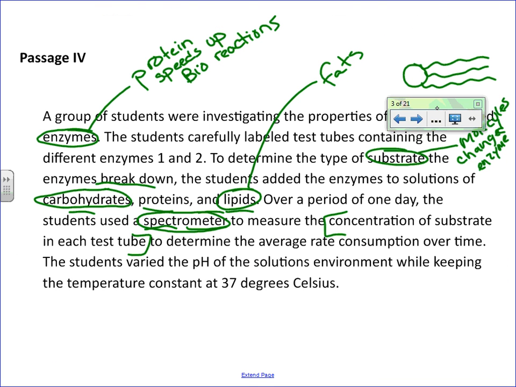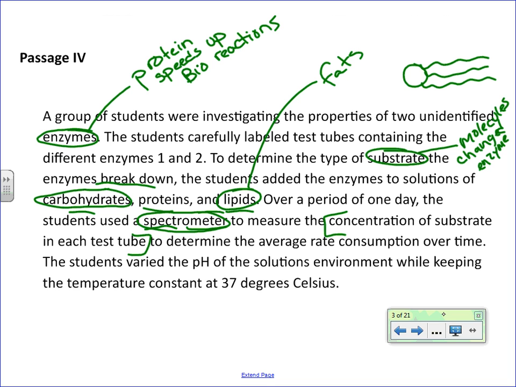A group of students were investigating the properties of two unidentified enzymes. What did they do? Determine the substrate that will break down the enzyme. Right, they tried to figure out the substrate that would break down the fastest from the enzyme.